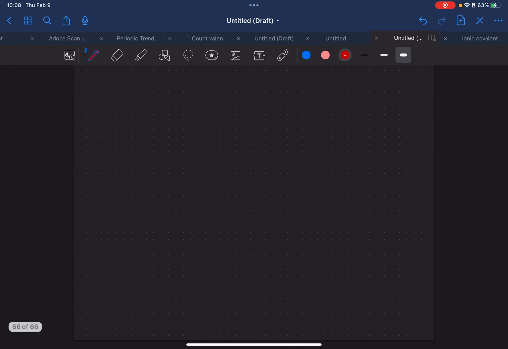Okay, last but not least, this is probably the hardest thing on the test. And it's not that bad, but the hardest thing is going from a transition metal ionic compound formula and giving me the name. That's harder than going the other way, in my opinion. So let me show you what I mean. Let's try NiS.